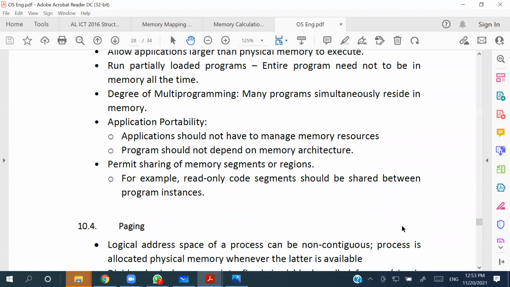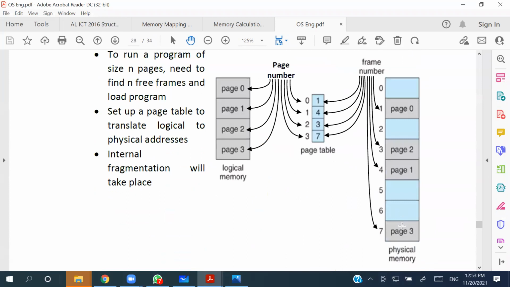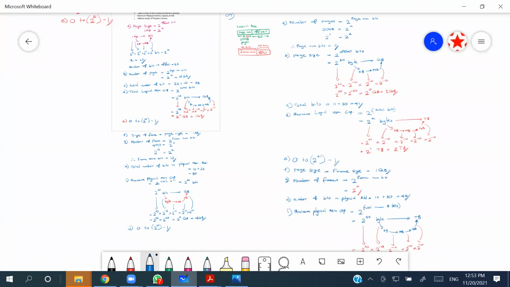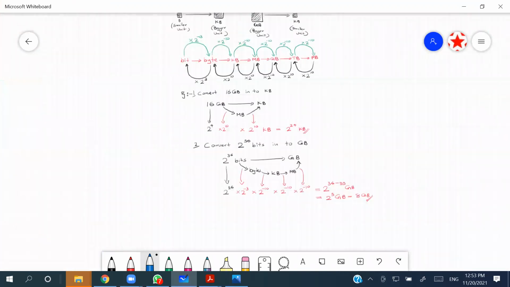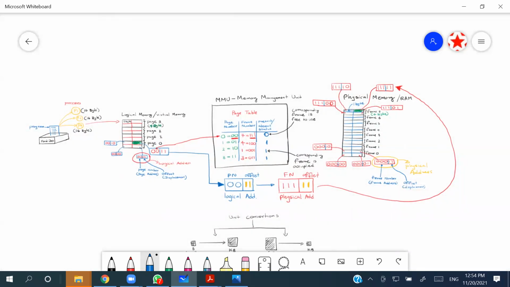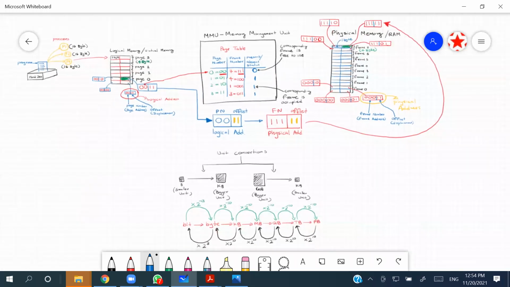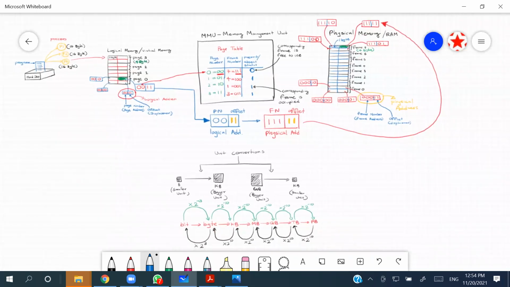So I'm not going to go through the paging concept. We have drawn it very clearly using the diagram we have done over here, right? So yes, this gives you a very good idea about how the things are going to happen.